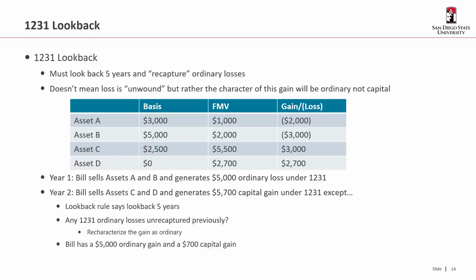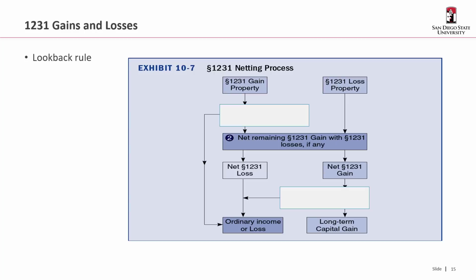So by doing so, it takes the power away from the taxpayer to engage in this exact sort of tax planning technique. So again, this is only for gains recorded after losses. You look back, and if you generated 1231 losses in a prior period that were treated as ordinary, you recharacterize the gain in the current year to reflect that.